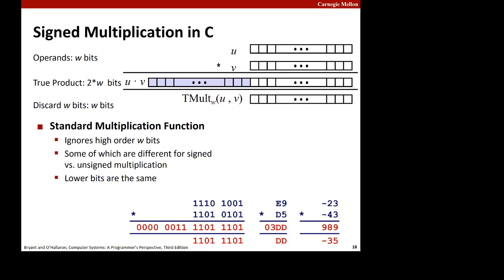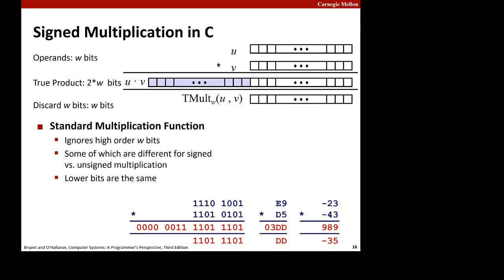The upper bits can differ, but it's relatively seldom that you actually want the full twice-the-size product of two numbers. For example, in x86, there are some special instructions you have to use to get that product. The normal multiply instruction only gives you the lower 32 or 64 bits.